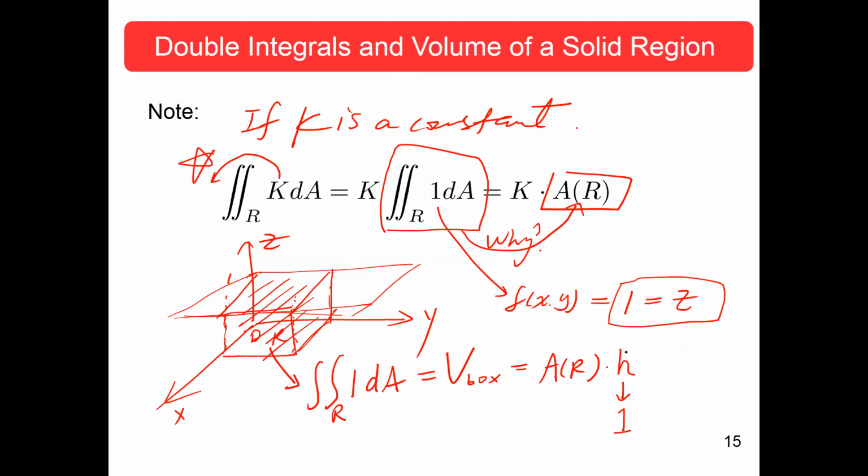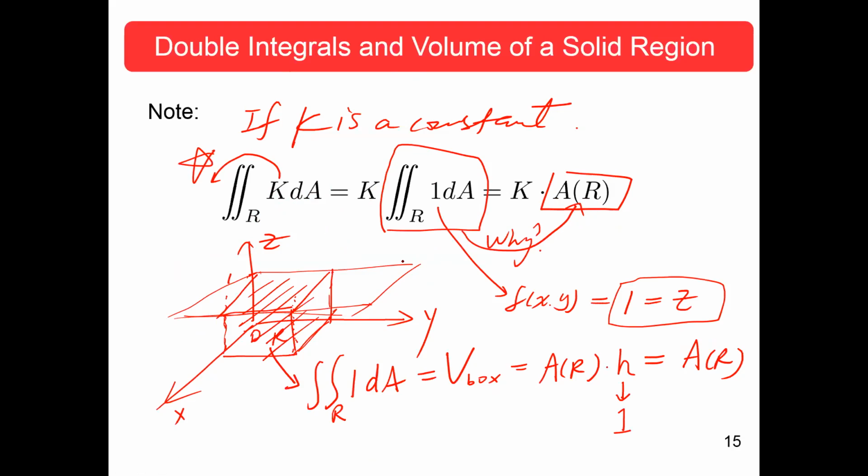So this part would just be the area of R. That's why I'm saying this double integral of 1 dA is the area of region R. So next time if you see any constant as the integrand, you can just pull the constant k out and then you do the area of region R.